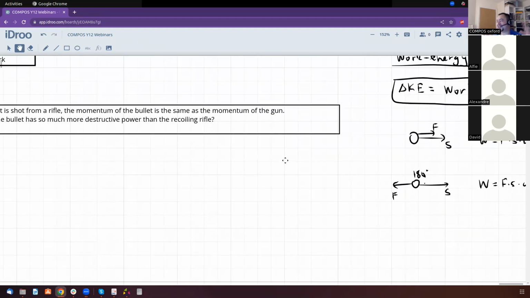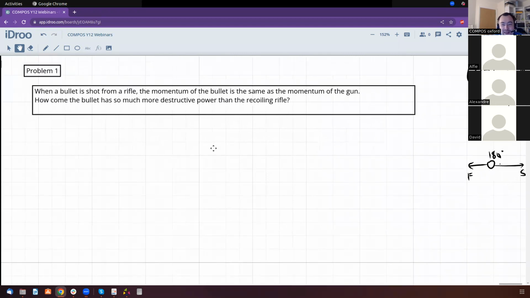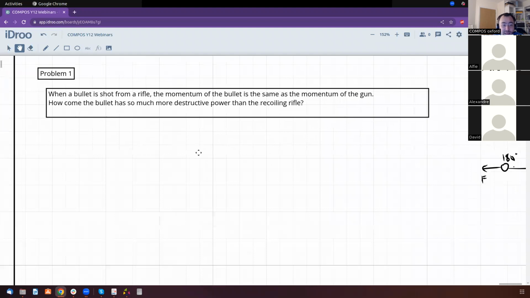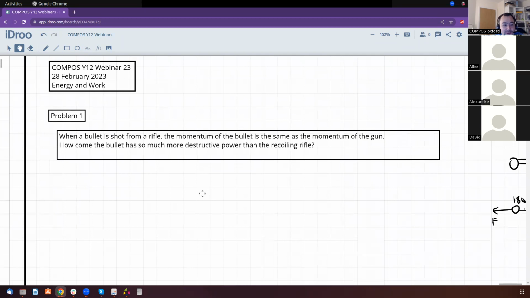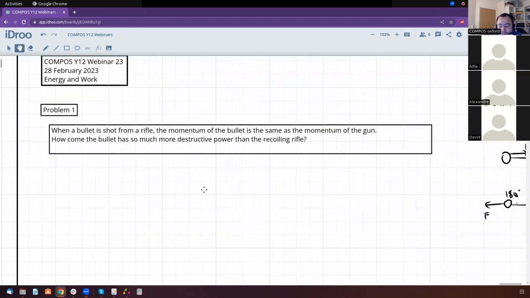And of course, what makes conservation of energy super exciting and super interesting is when you mix it with conservation of momentum. So let's have a look at a very simple question, which, when I studied physics at roughly your age, maybe a bit earlier, I was like, okay, so if you shoot from a rifle, the momentum of the bullet and the momentum of the recoiling gun have to be the same, because of conservation of momentum.